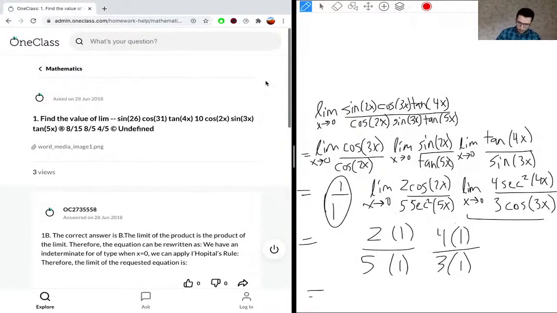So we're left with 2, so all the 1's go away, and we have 2 times 4 on top, which gives us 8, and 5 times 3 on the bottom, which gives us 15. And that's our final answer.